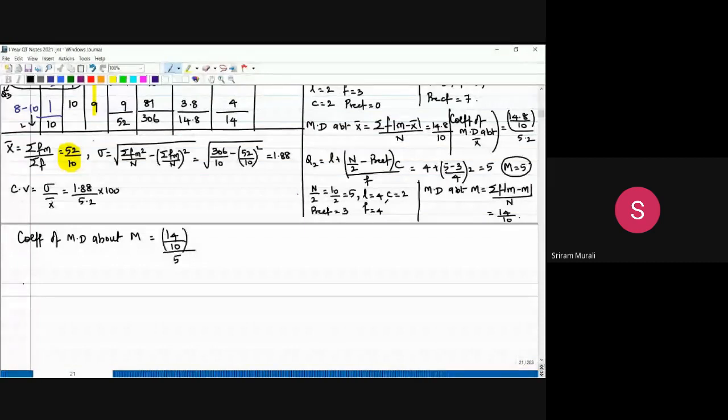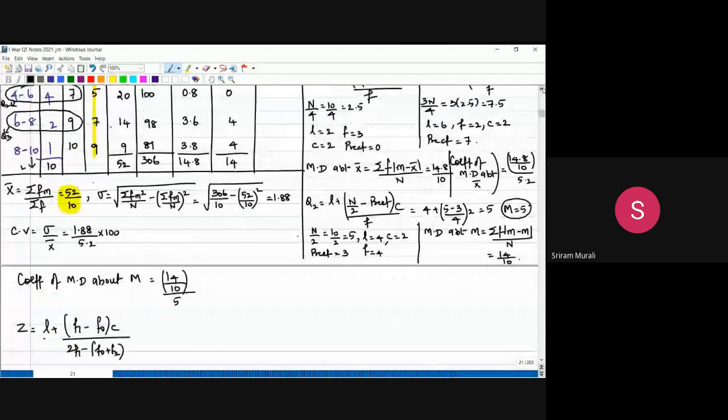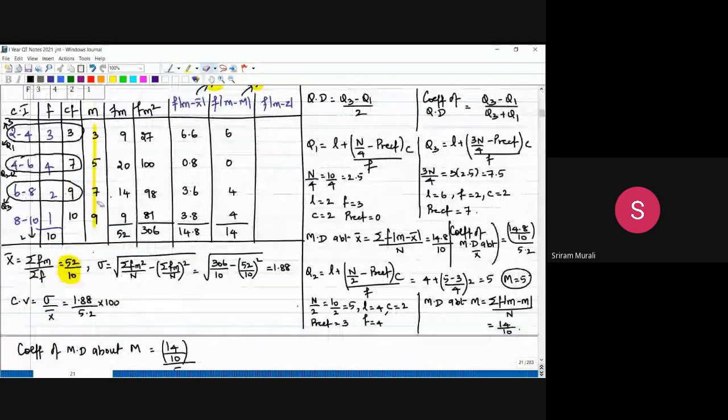And lastly, you have to find mode. Mode is equal to Z. Z is equal to L plus (F1 minus F0) divided by (2F1 minus (F0 plus F2)) into C. What is your mode? What is highest in the frequency?